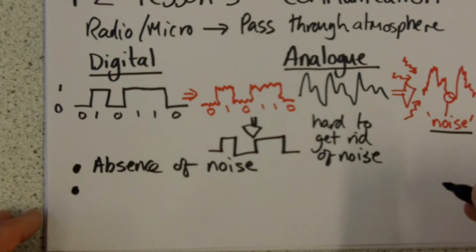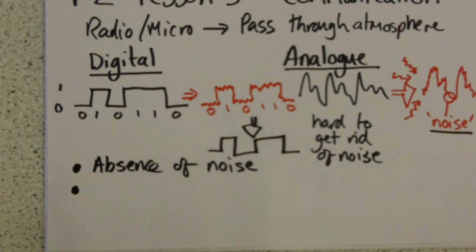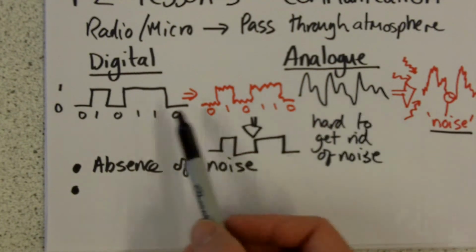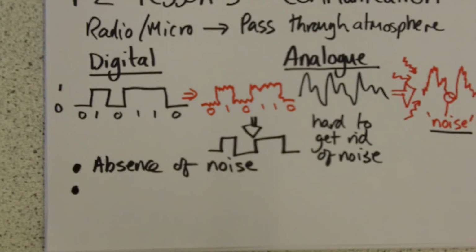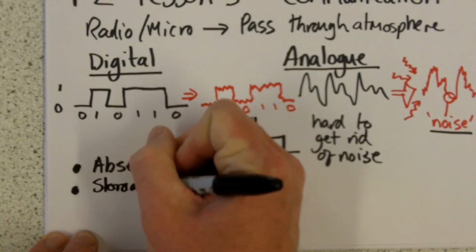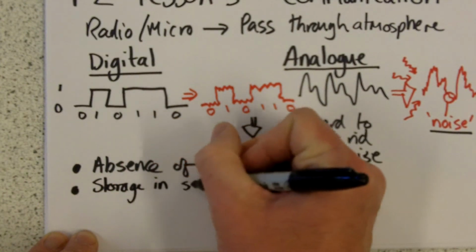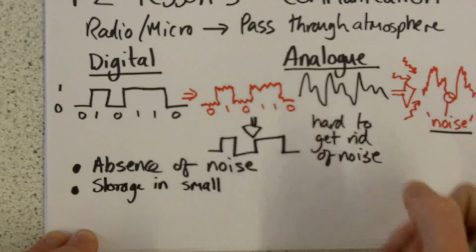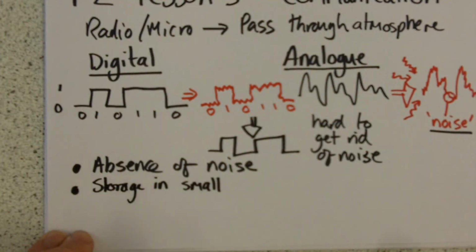Now, digital devices such as iPods or MP3 players store music, which is an analog signal, in a digital form, and that can be compressed and reduced and stored in a small space. So storage of a lot of information in a small space is another vital positive of digital communications.